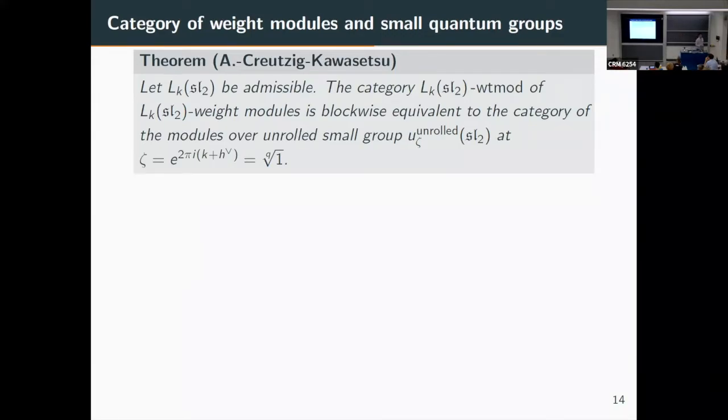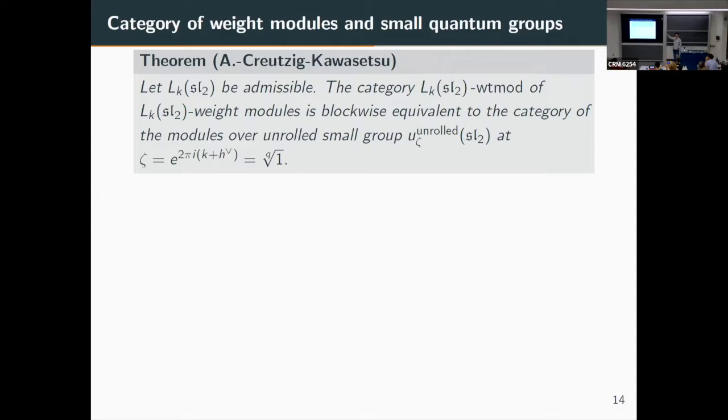So this is rather a surprising statement, because the category of weight representations does not have nice structure even for a finite-dimensional Lie algebra g. For example, if you consider weight representations of sl2, you don't find projective modules. There are no projective modules.